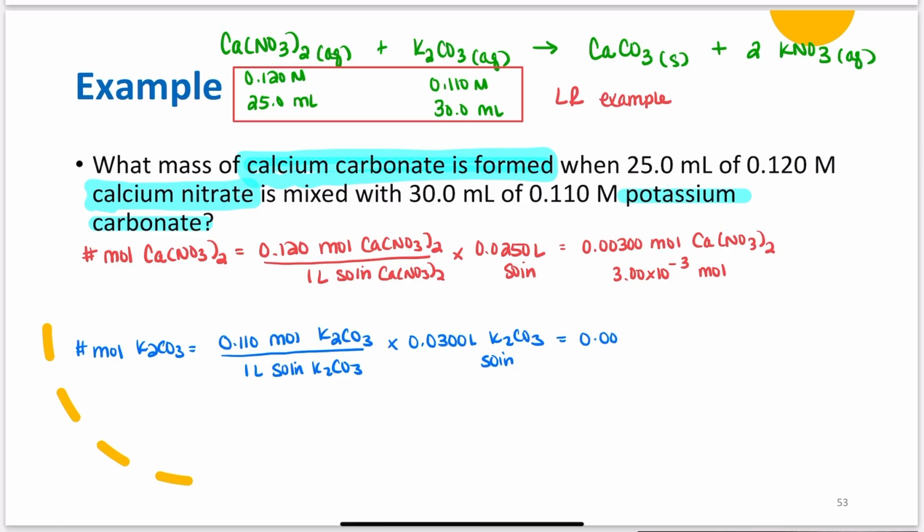This gives me 0.00330 moles of K2CO3 in my solution, or 3.30 × 10^-3 moles, whichever way you want to write it.